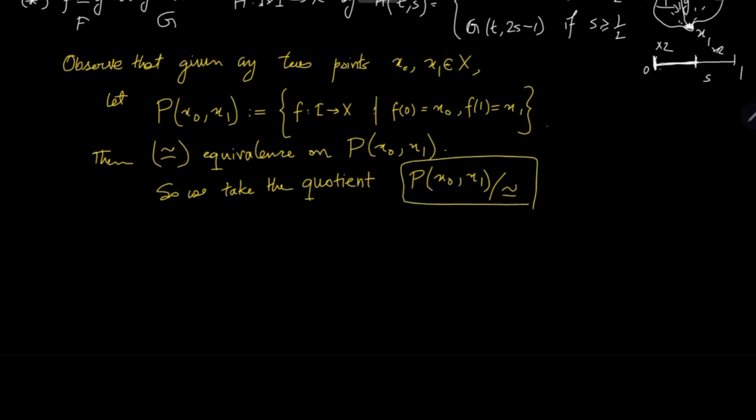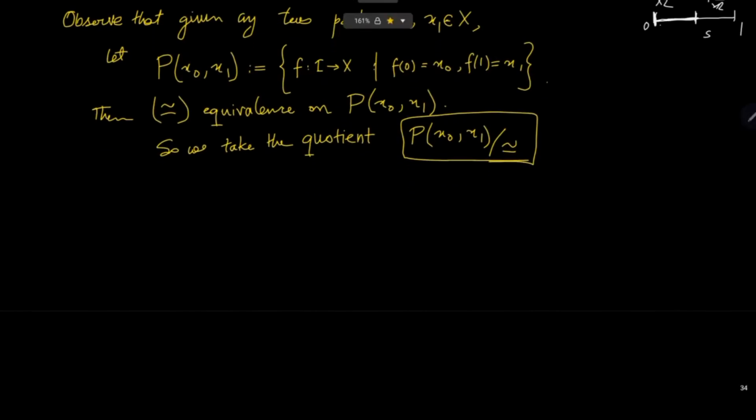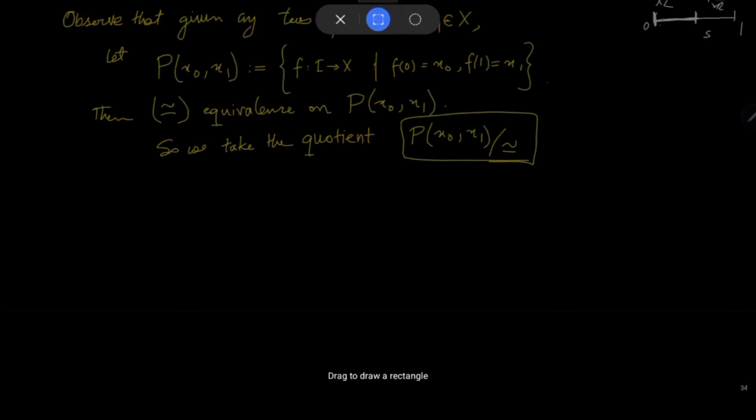This is the thing that we have between any two points inside any space. So I guess the most natural thing to do now is to get away with all this hesitation and just define the fundamental groupoid.